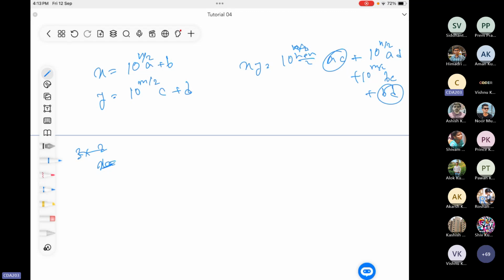Similarly, D is an m by 2 digit number, B is an n by 2 digit number. So your problem will reduce to multiplying n by 2 digit and m by 2 digit numbers. Okay, so you can apply that same process, but you have to be careful about adding these two terms because they are not sharing the same coefficient now.